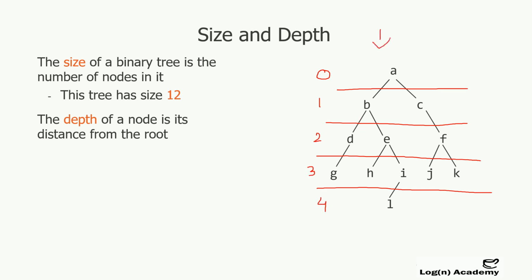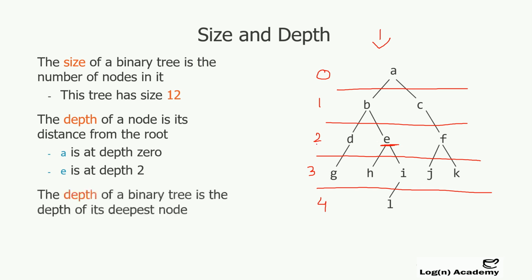For this tree, A is at depth 0, and E is at depth 2. The depth of a binary tree is the depth of its deepest node.